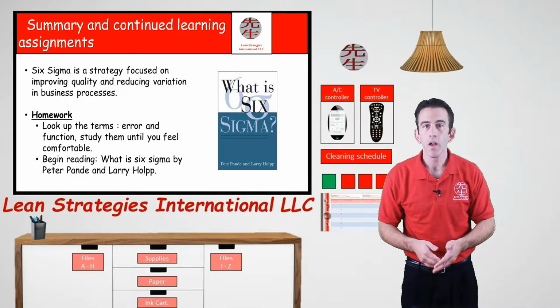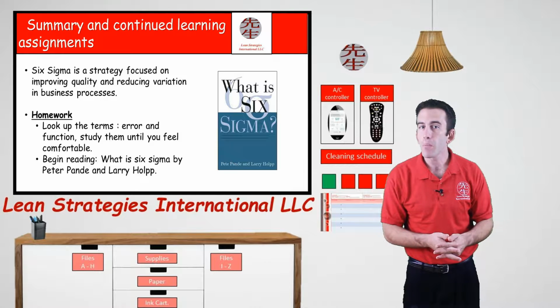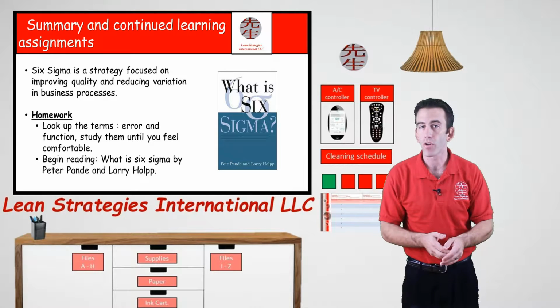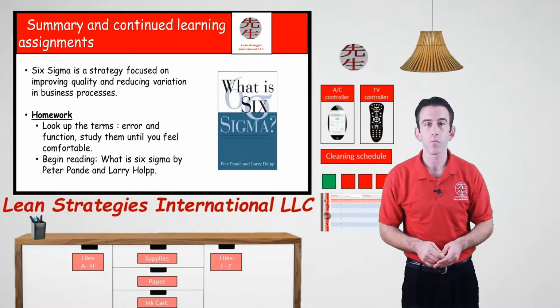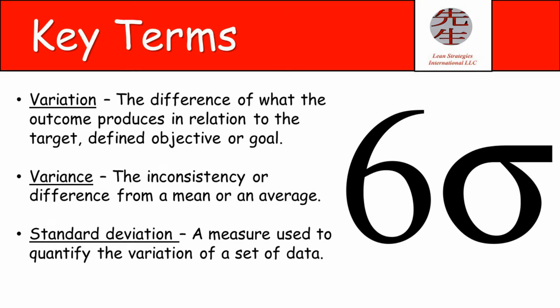Now, in this lecture, there were a few key terms used to help us with our introduction to Six Sigma. So before you move on to the next lecture, take a bit of time to clarify what errors and functions are within a Six Sigma strategy. Keep in mind, as you study Six Sigma, that variation refers to the difference from a target, defined objective, and/or a goal.